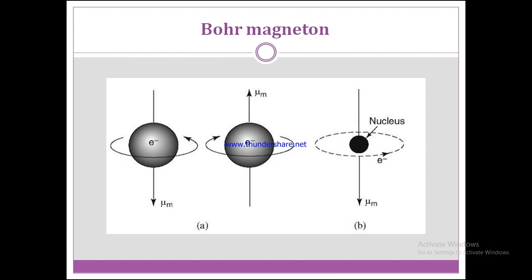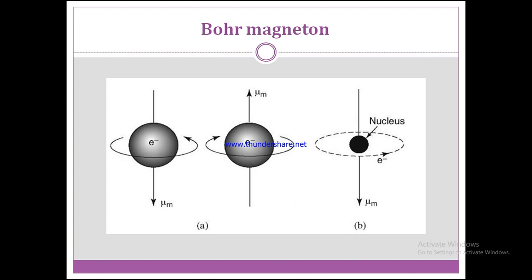The dotted line is the path where electrons move around the nucleus, and in the anticlockwise direction, the magnetic moment produced by that magnetic material is indicated in a downward direction.